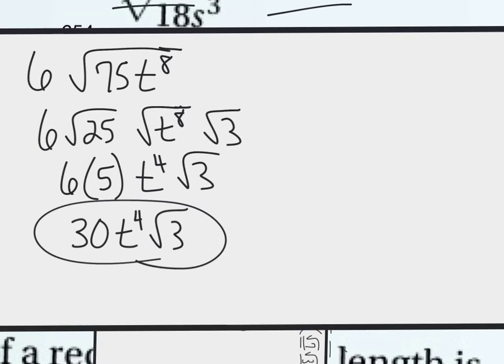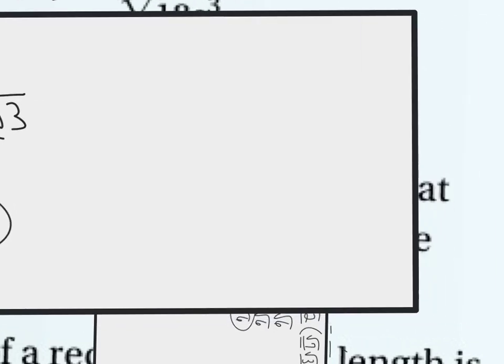One other thing I want to mention in this section, the book didn't give us a problem like this here, but it's possible you could have something where you have a square root left in your denominator. So let's say we have square root of 10x cubed all over 13x.